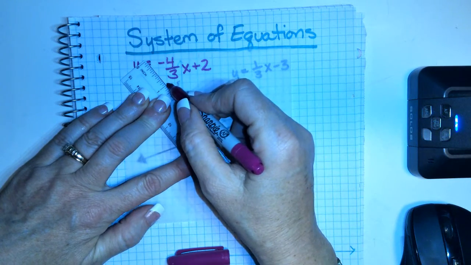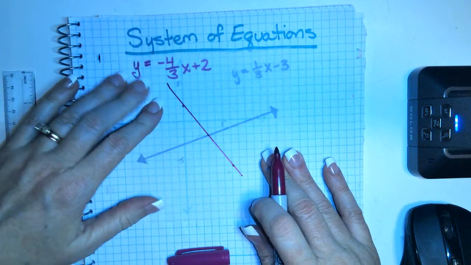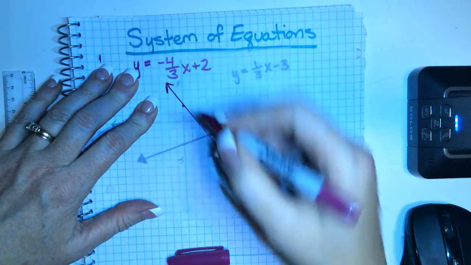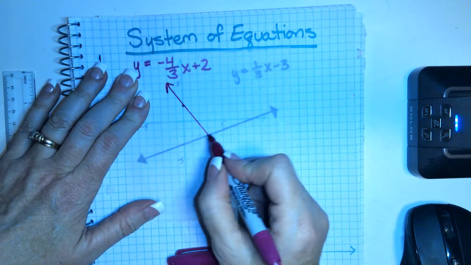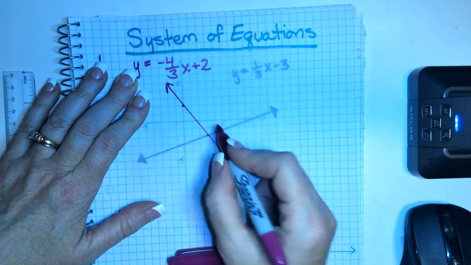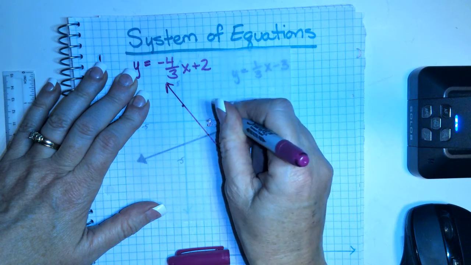Can you see the solution already? It looks like our solution is right about here, which would be at positive 3, negative 2.